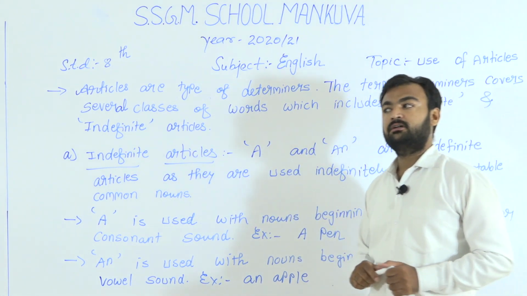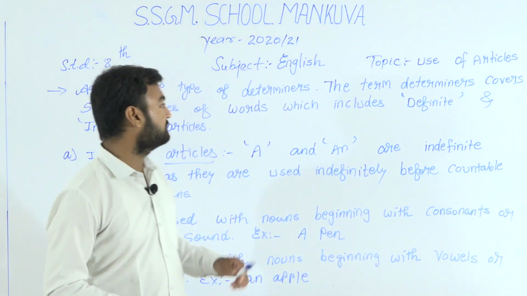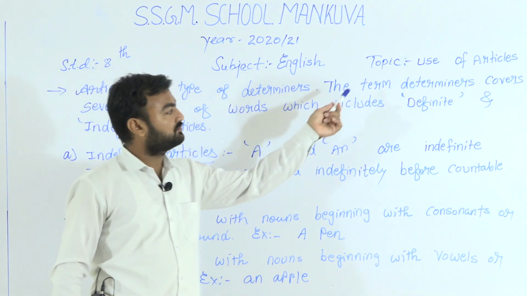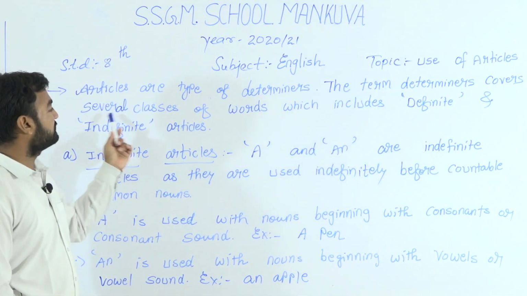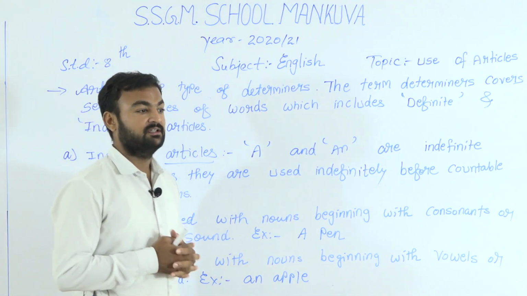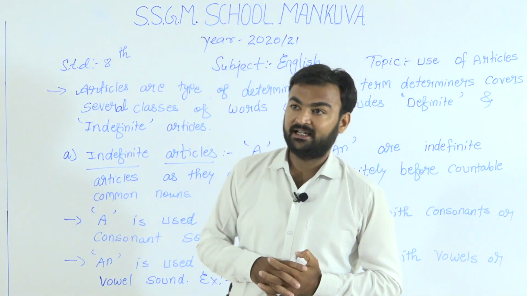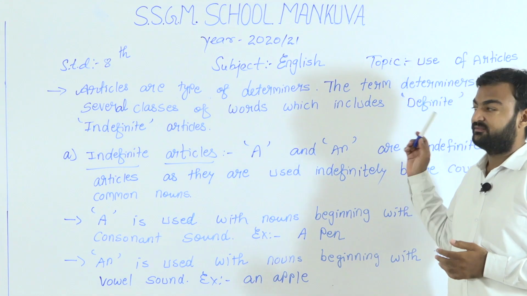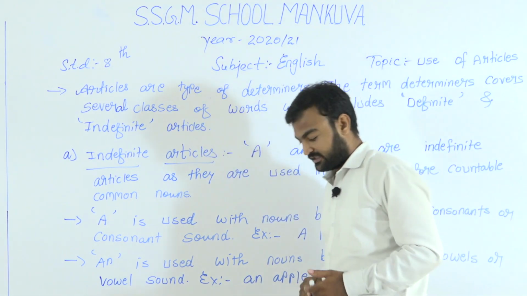Now, though articles are known as determiners, what is meant by determiners? The term determiners covers several classes of words, for which we give names like definite articles and indefinite articles.